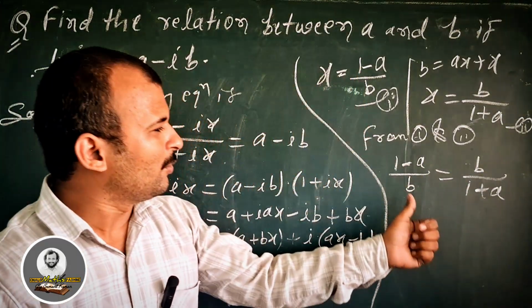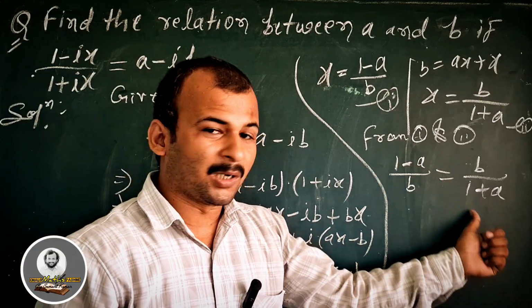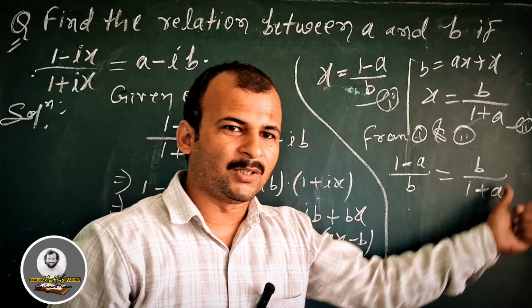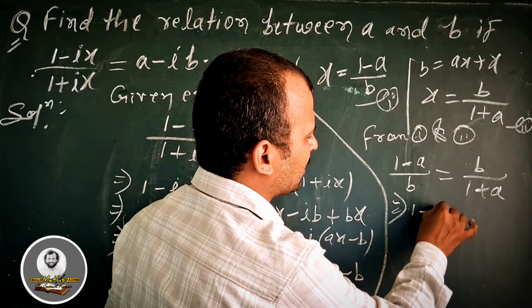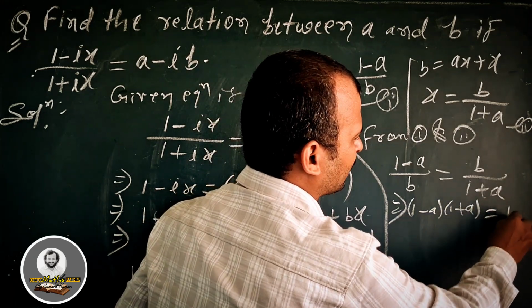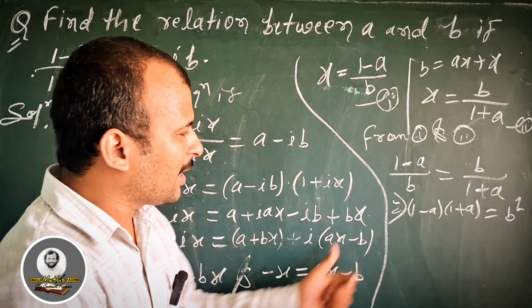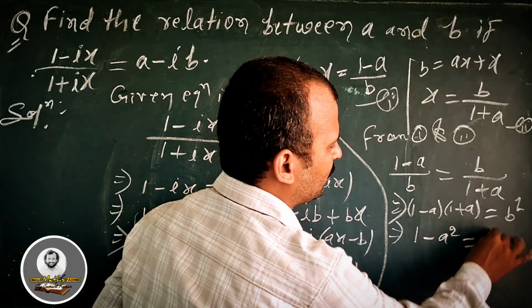Now after cross multiplying, we get (1 minus a) into (1 plus a) equals b square. And at last we get 1 minus a square equals b square.